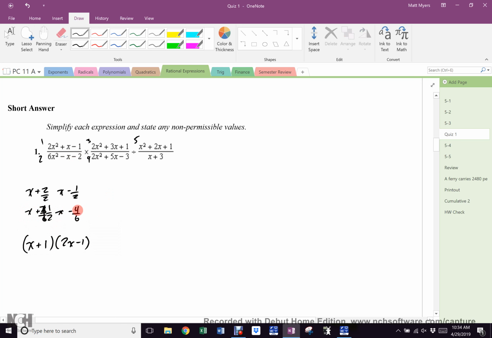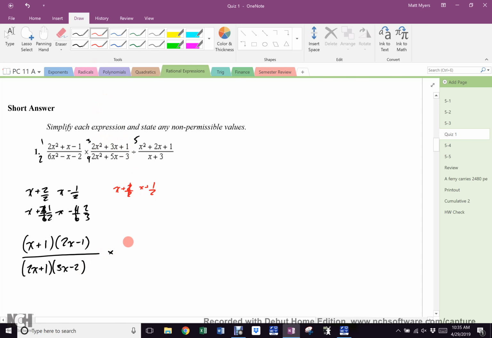Simplify. 1/2, 2/3 over 2x plus 1 and 3x minus 2 times, factor this one. 2 times 1 is 2. I need the factors of the 1 that add to 3. It is x plus 2, x plus 1, but it's over 2. That's 1.